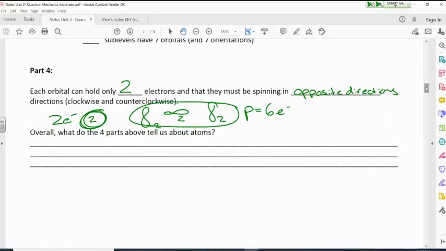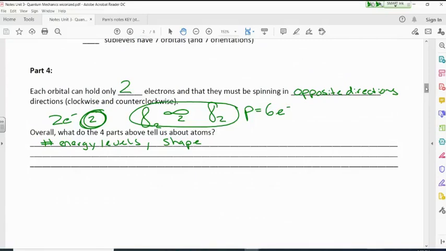So overall, what do the 4 parts tell us? The first part told us the number of energy levels in an atom, and the distance away from the nucleus it would be. The second part told us the shape. If I look at the periodic table and those blocked out shapes, I know from where the element is if it's going to have an S, a P, or a D shape to the electron cloud.